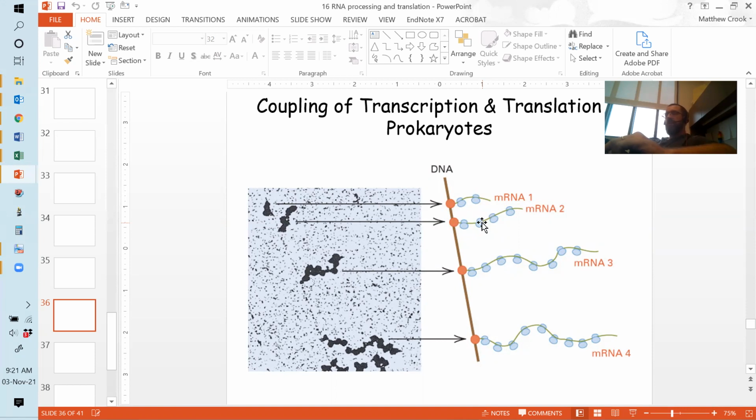And so you want to be able to have things off that you don't need, and then when the environment changes, have a lot of that stuff, right? Whatever that might be. And so bacteria are able to ramp up gene expression, production of proteins very quickly to be able to take advantage of changes in their environment. It's much slower in eukaryotes because there's a lot more that needs to be done.